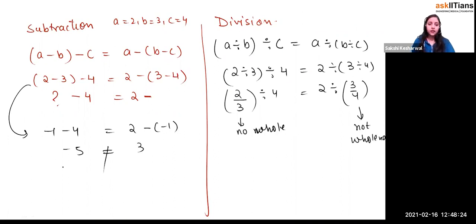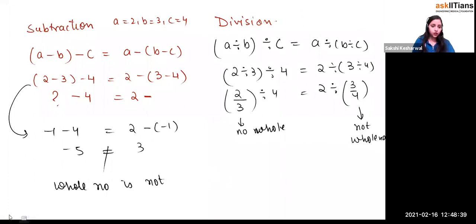So we say that the whole number is not closed, and it's not associative under subtraction and division, right?